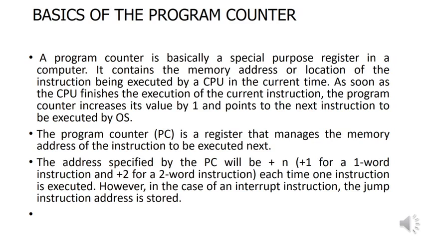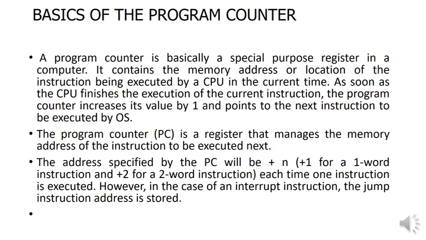The program counter is a register that manages the memory address of the instruction to be executed. So it serves as a register that manages the memory addresses of the instructions. All the instructions, it keeps them. That's what it does.